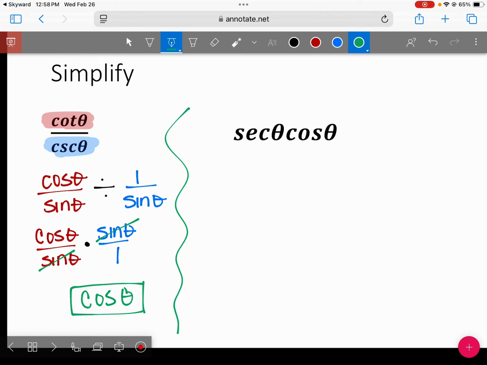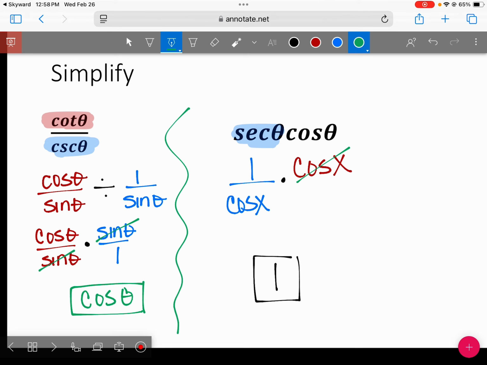So here, secant can be written as 1 over cosine. And when I multiply that by cosine, what's going to happen with the cosines? They cancel, and that's why your answer is simply 1.